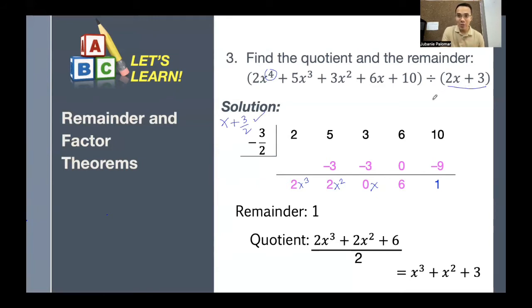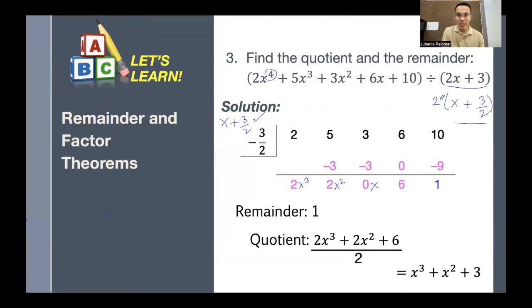We can factor out 2 here, and then you have x plus 3 over 2. So when we performed our synthetic division, we actually just used this x plus 3 over 2 as our divisor. That's why we have here negative 3 halves.